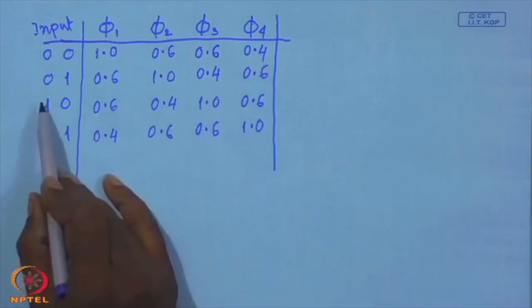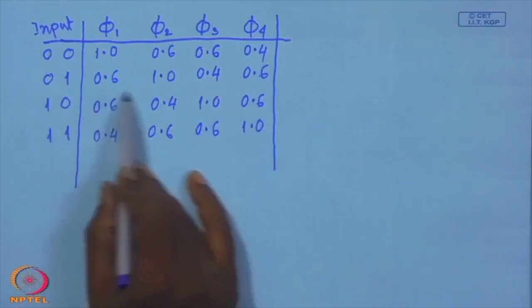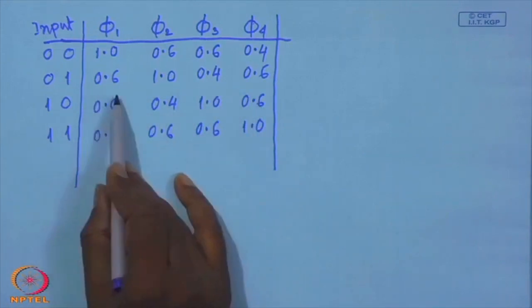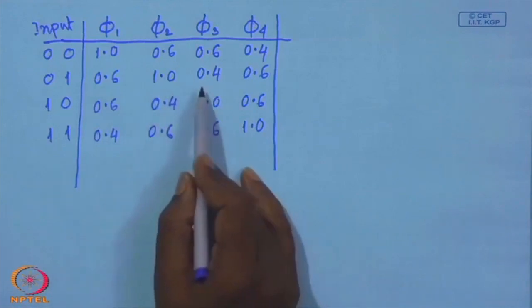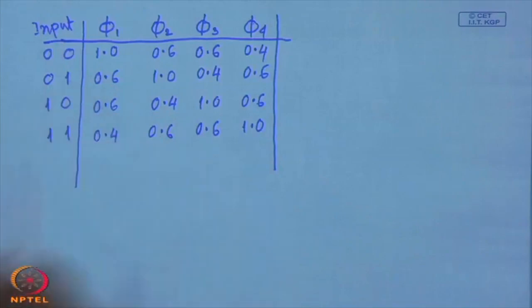Similarly, 0 1 is a 2-dimensional input feature vector, which has been cast into a 4-dimensional feature vector, the components being 0.6, 1.0, 0.4 and 0.6. So, every 2-dimensional input feature vector is converted to a 4-dimensional feature vector by using 4 radial basis functions.